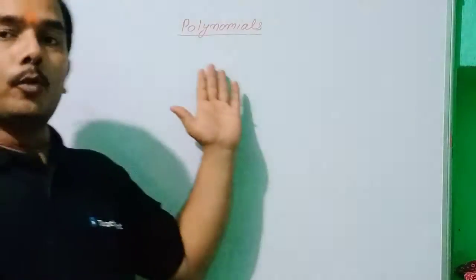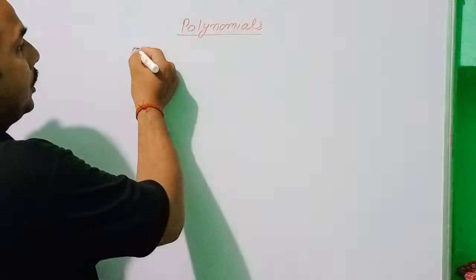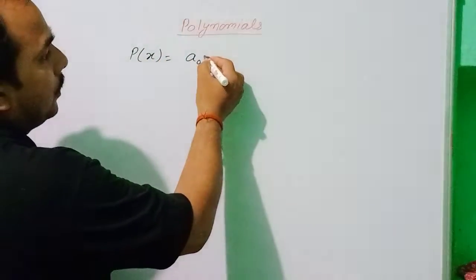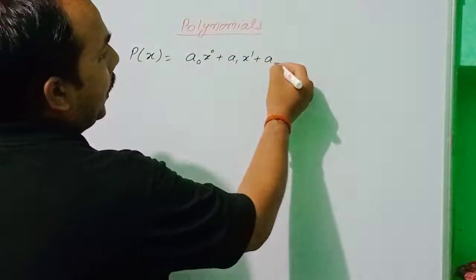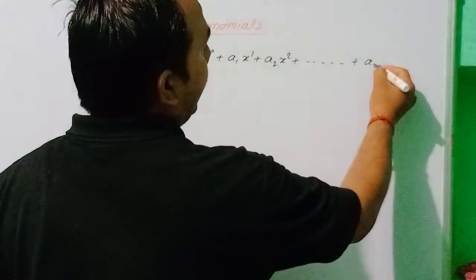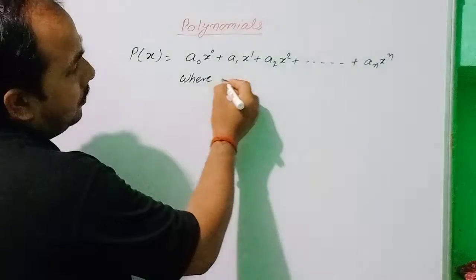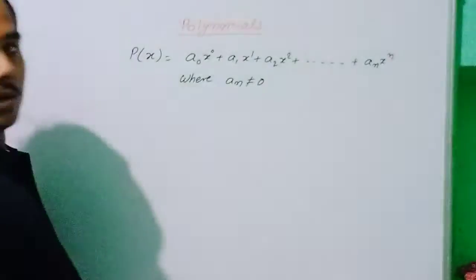आज हम लोग पॉलिनोमियल्स चैप्टर के बारे में डिस्कस करेंगे। So polynomials we will write this way: a0 x0, a1 x1, a2 x2 ... an x to the power n, where an is not equal to 0.